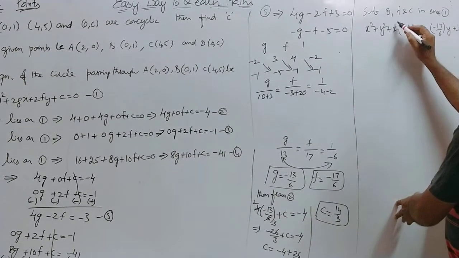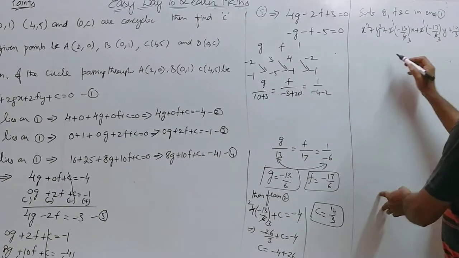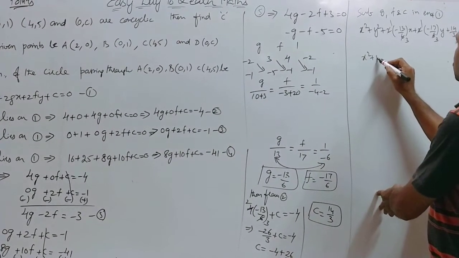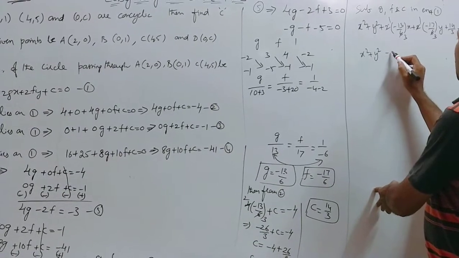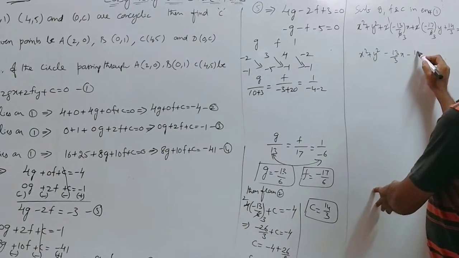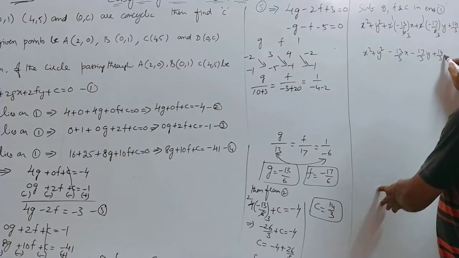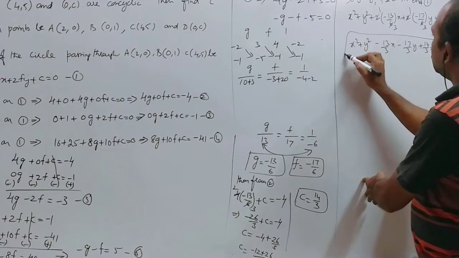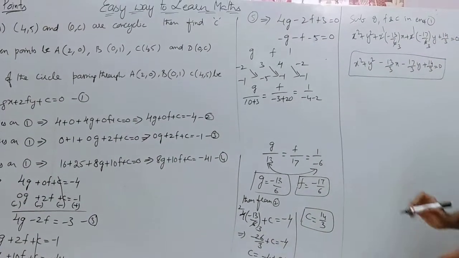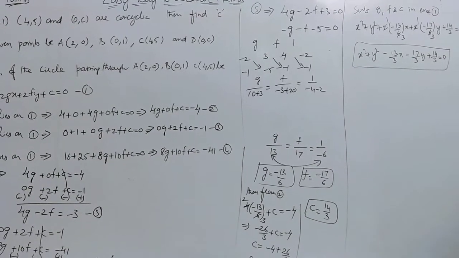Therefore, here 2 1s are 2, 2 3s are 6. Here also 2 1s are 2, 2 3s are 6. Therefore, x square plus y square minus 13 by 3 x minus 17 by 3 y plus 14 by 3 is equal to 0, which is the equation of the circle passing through first 3 points, that is A, B and C.